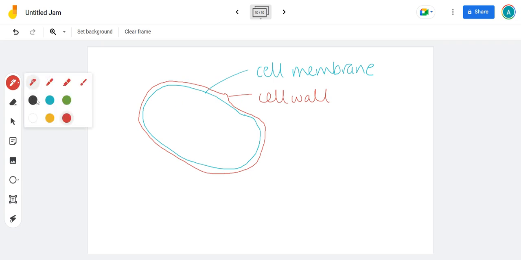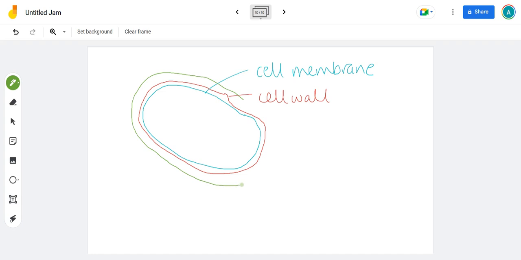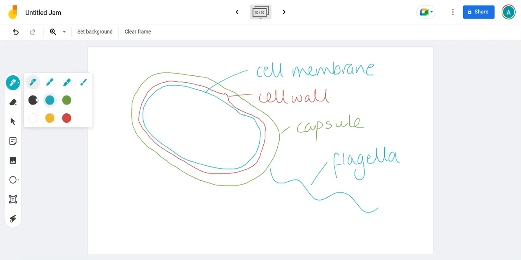Sometimes, but not always, we've then got a third layer around the outside, which is called a capsule. Then we've got this classic kind of tail, which we call a flagella, there for movement.